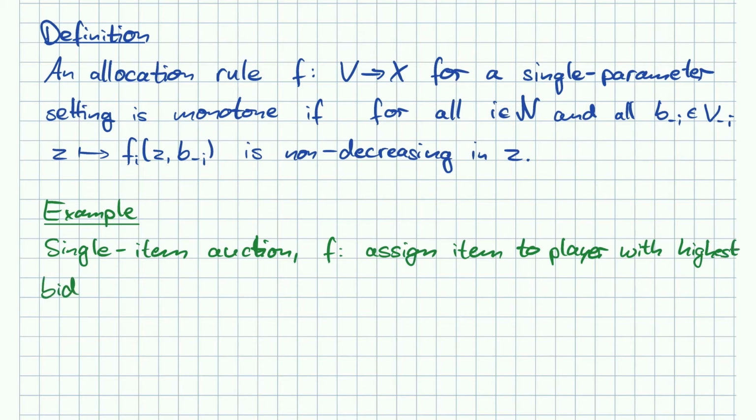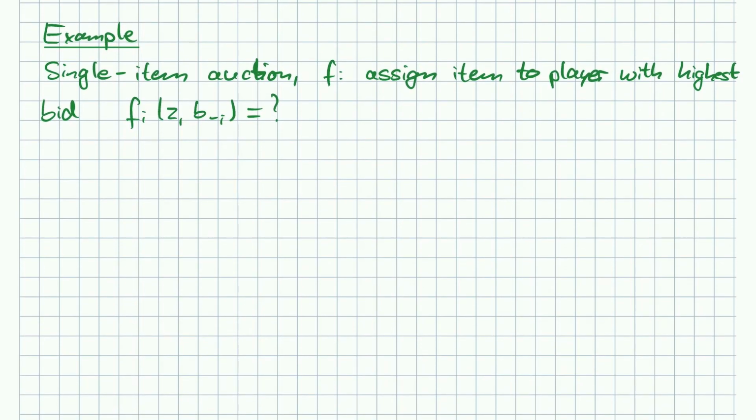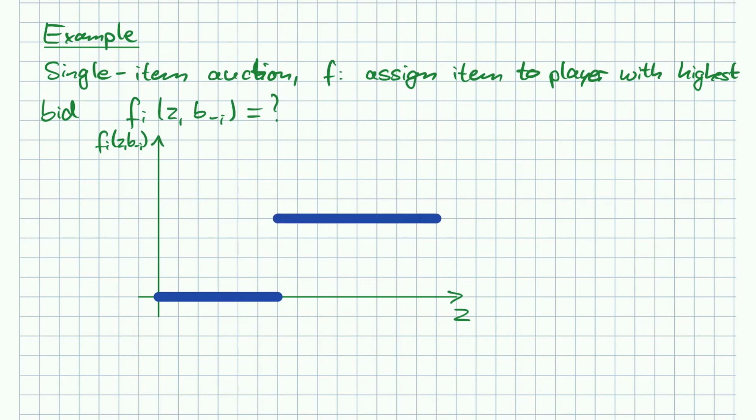Then what will my f_i of z, b minus i look like? Well, it will look something like this. We now keep the b minus i fixed, and here I'm drawing z, and here I'm drawing f_i of z, b minus i. Then this function will be 0 for some part, and then it will be 1 for some other part.